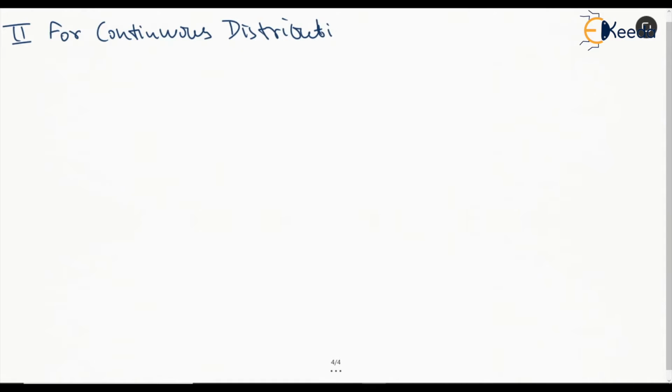Now that it is clear, at least if the terms and the definitions are clear for conditional, marginal or joint probability, what we have been doing in the discrete case as a sum, we will be doing as an integral in the case of continuous distribution. That is the only difference here.